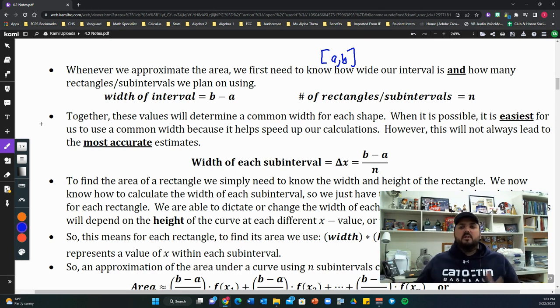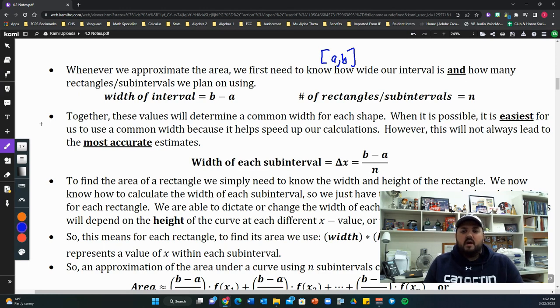So we're going to take the whole thing divided by a certain number of pieces, and that will determine the width of each subinterval. Again, I mentioned earlier, sometimes we will have different subinterval widths. It's not a requirement that they're all the same, but it definitely helps us speed up calculations, and it's easiest and most efficient for them to be the same width.